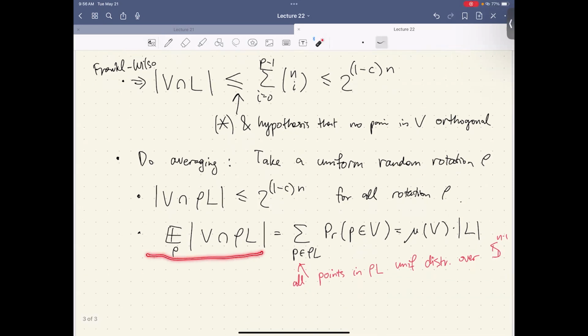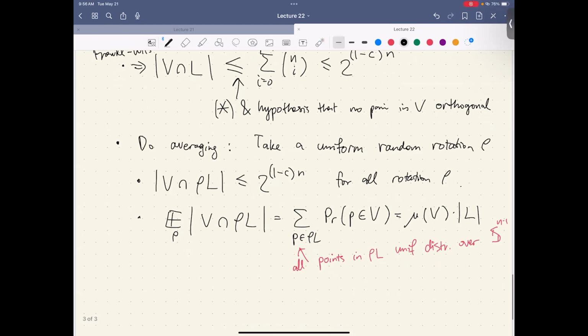In expectation, the intersection of V with our random observation group is equal to this. But for every outcome of rho rotation, they are exponentially small. So combining these two, we have mu V times L is at most.